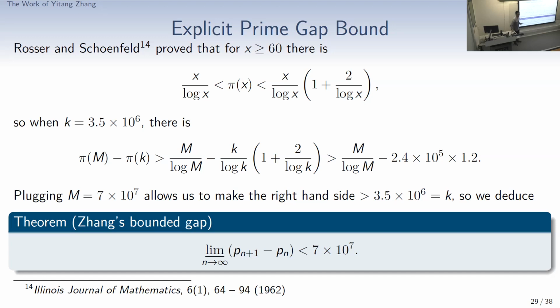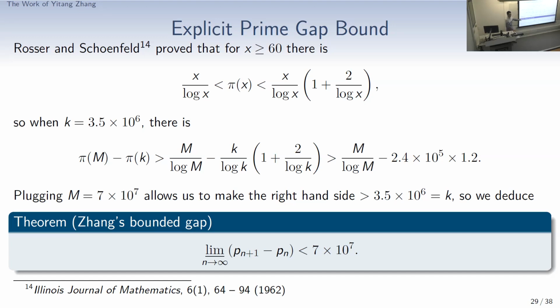A computer cannot count primes directly, but calculating a logarithm is a much easier task. Numerical verification shows us that if we set m to be this large number, then the right-hand side is going to be greater than k. And that's where the 70 million came from. It's loose, but it's finite, and that's enough for us.